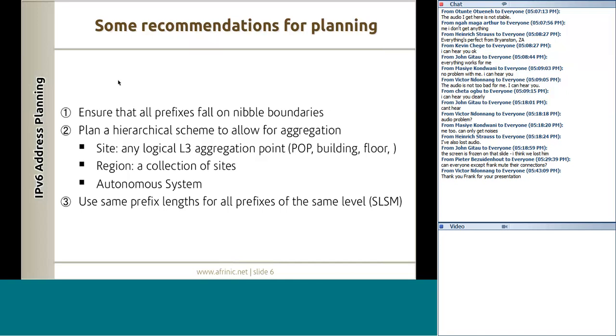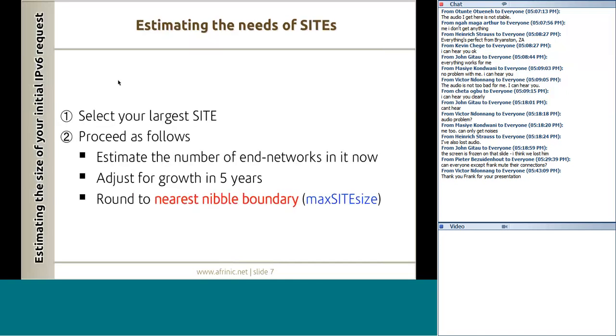And unlike in IPv4, where you're trying to economize space and do variable length prefix lengths, with different prefix lengths for different subnets and networks, you don't do that in IPv6. Try as much as possible, at least within the same level of the hierarchy, to use the same prefix length. That will be the equivalent of your variable length subnet masking in IPv4.